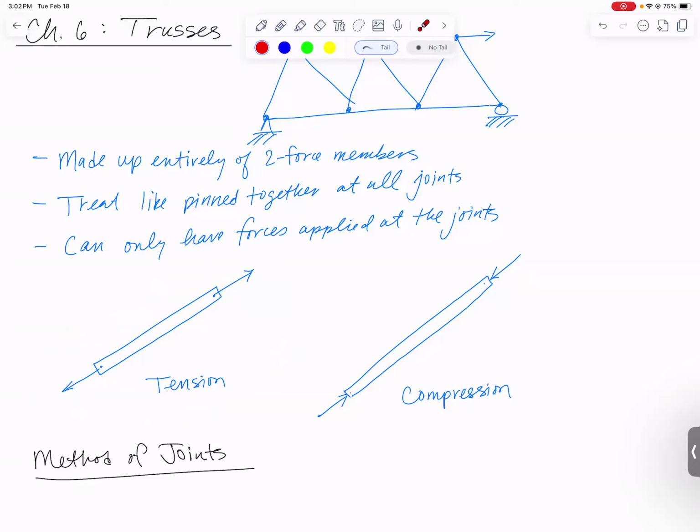Instead, what we're going to be doing is drawing free body diagrams of the individual pins and joints. And the thing I want you to remember is whenever you draw a free body diagram, all the forces you draw on there are the forces that the things you aren't drawing, the pins, the joints, the roller supports, the other members, apply to the thing that you're drawing.